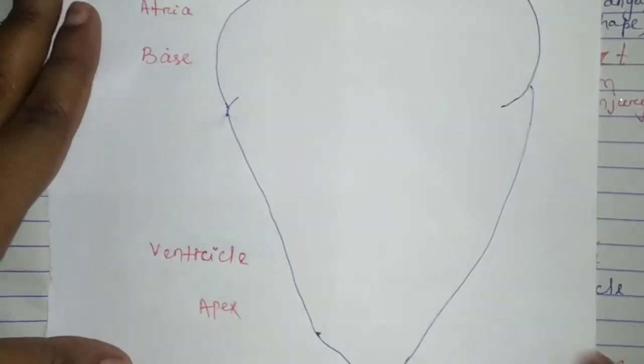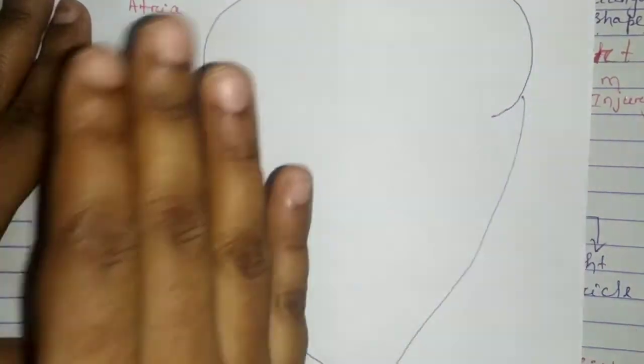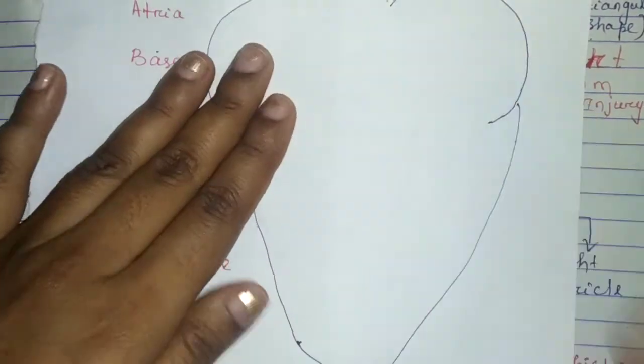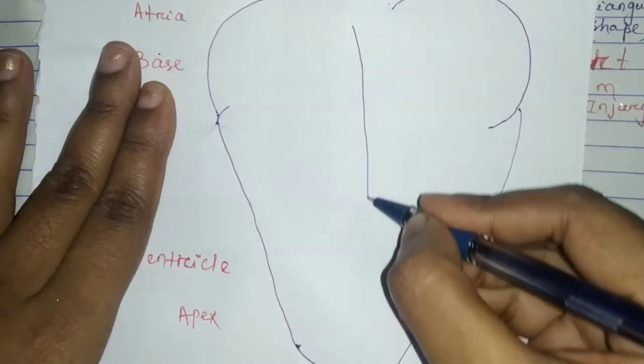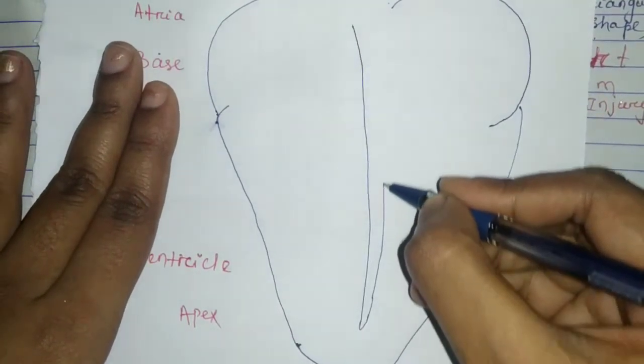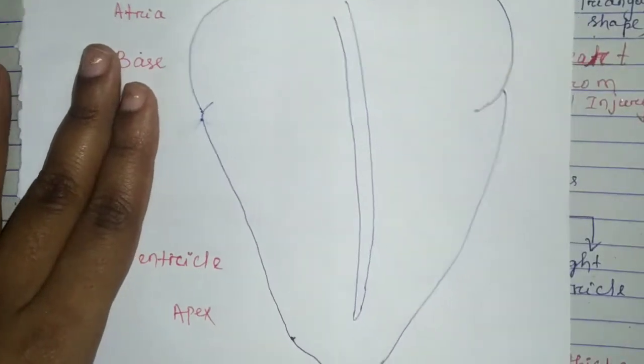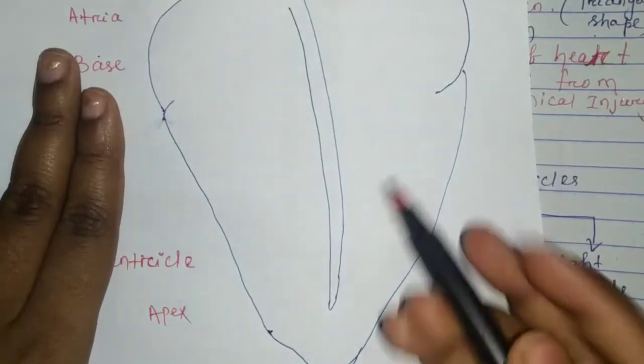The left side and the right side are separated by a dividing wall that is known as the septum.